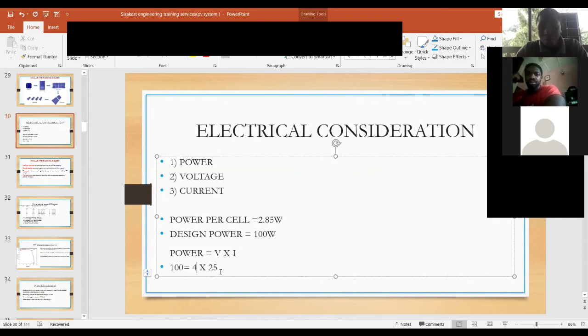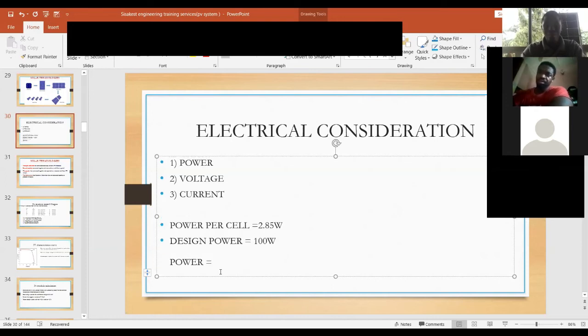Now, before we look into that, we are designing for 100, so our design power is 100. Then the next thing you will consider is how many cells I will need. How many cells will I need?